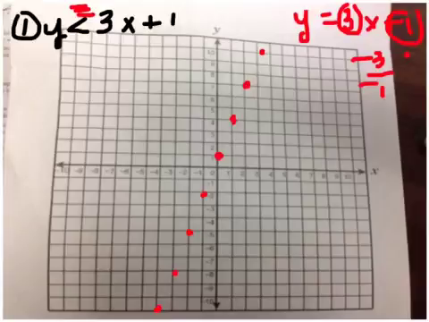Now, I don't want to connect those dots because if you look at this equation, it's y is less than. If it had a less than or equal to, I would draw a solid line, but there's no line under that less than sign. So what that means is all my solutions are below the line 3x plus 1.